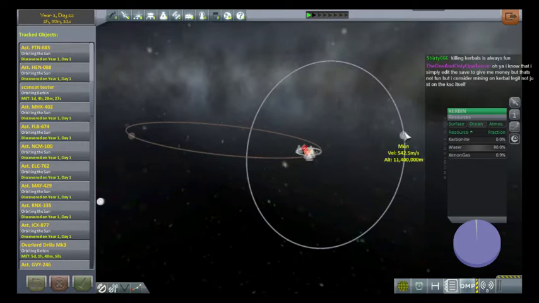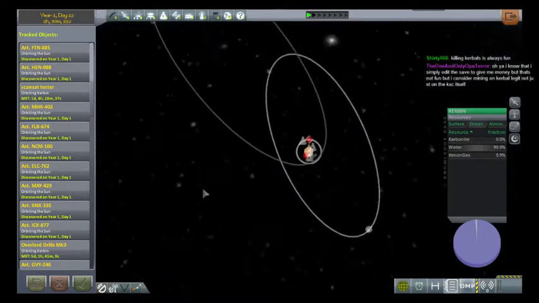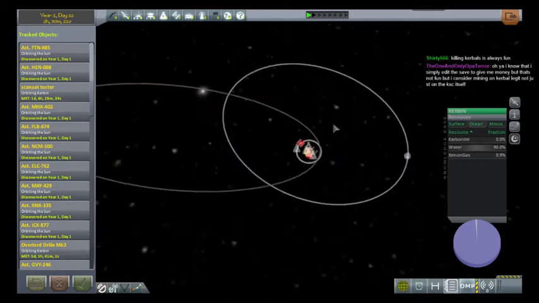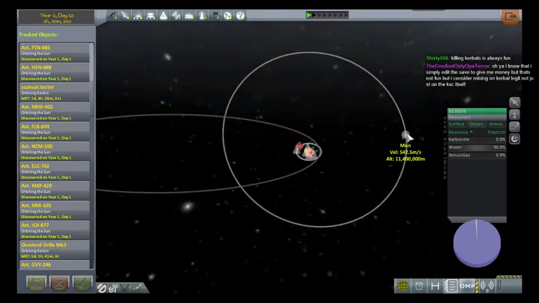You know, there's the Mun, and we just so happen to have Gilly over here, in a very funky orbit. That's not all.